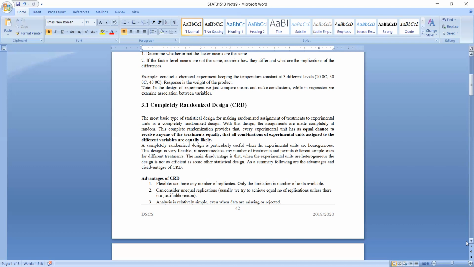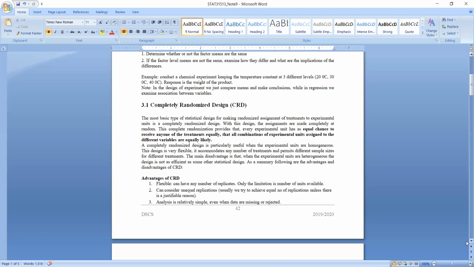But when we are running this completely randomized design, since it is very easy for the calculations, in most cases we use an equal number of replicates under the treatment levels, but it's not a must. If you don't like to have an equal number of replicates, you can have a different number.